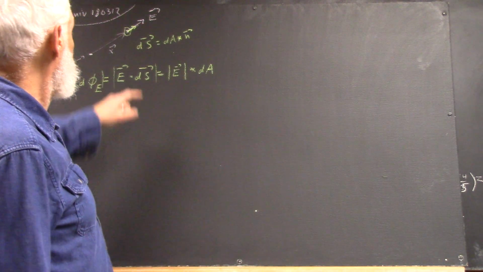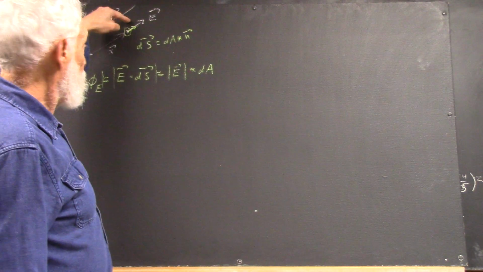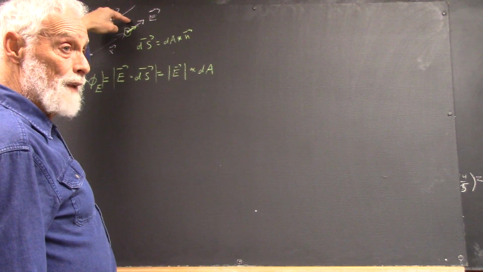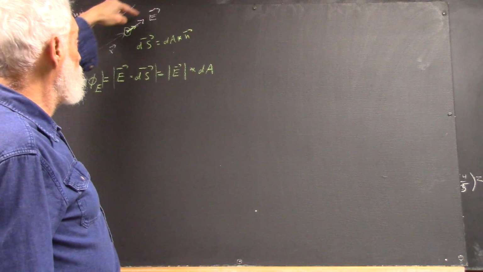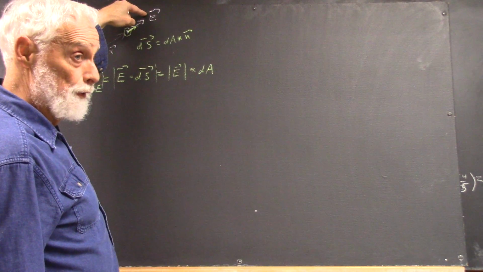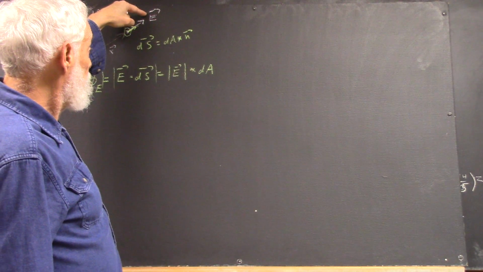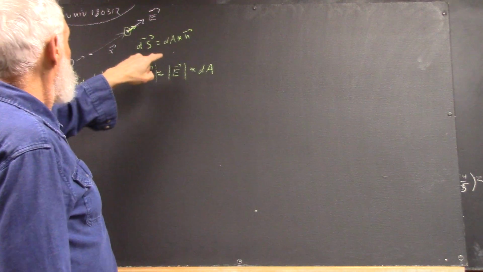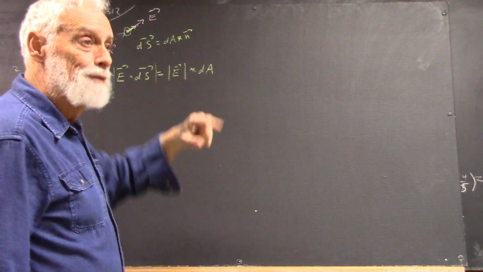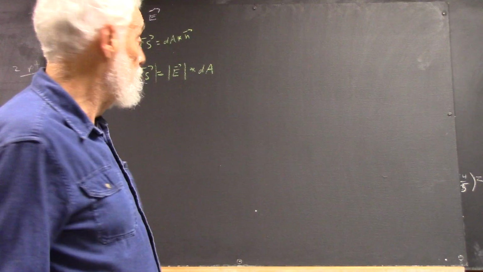And this is because your normal dotted with E is either going to be equal to the magnitude of E or the negative of the magnitude of E, right? So the magnitude of E dot N is just the magnitude of E.